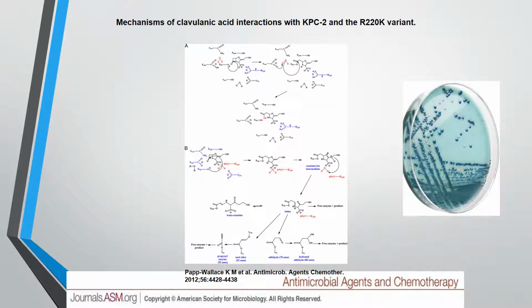Okay, carbapenemases. Carbapenems have been considered famously stable, and we usually had no problem with extended spectrum beta-lactamases and routine beta-lactamases. Carbapenemases unfortunately developed.